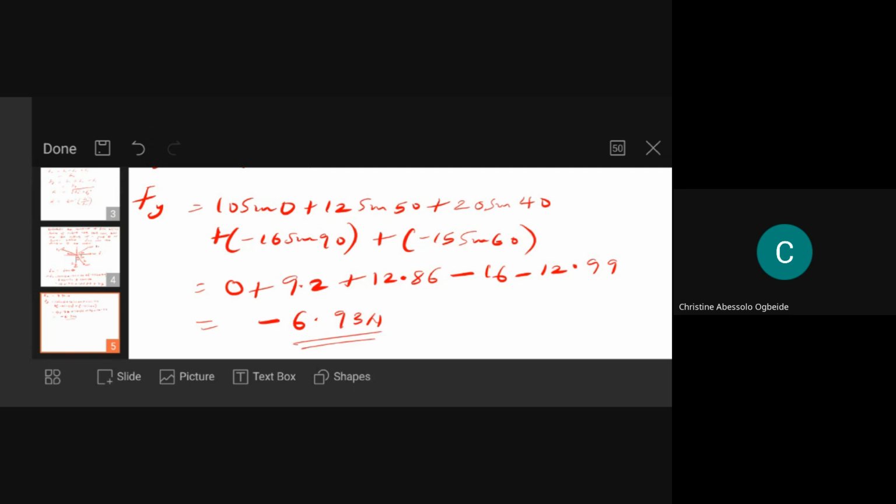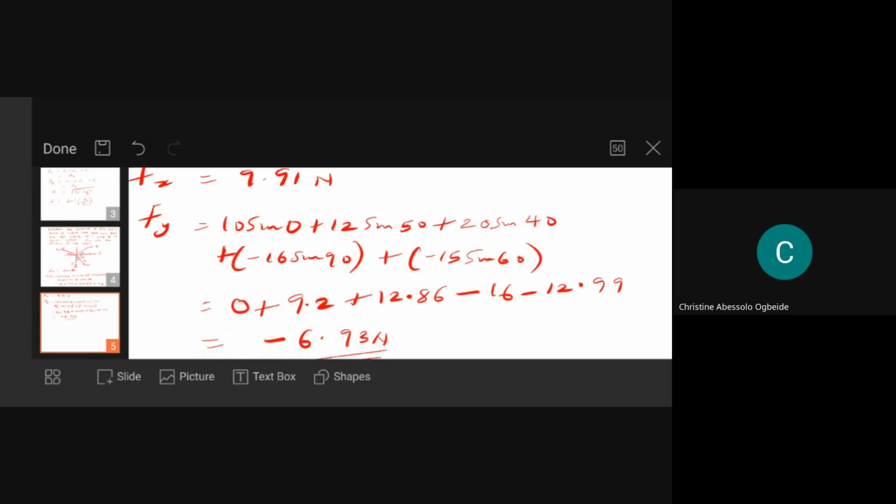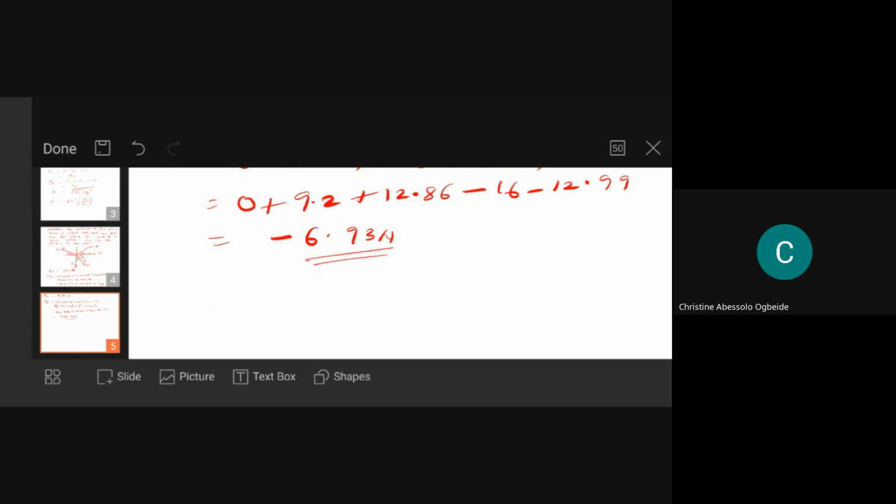So I found my horizontal component f of x as 9.91 Newton. Then the vertical component we found is minus 6.93 Newton. Now the next thing is to find the resultant force. Recall that R is equal to the square root of f of x squared plus f of y all squared.